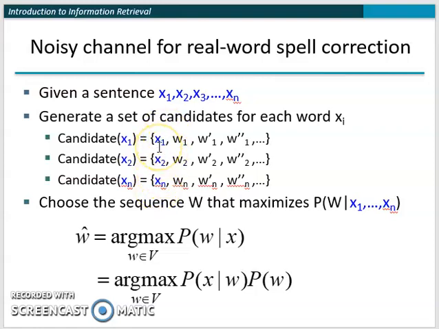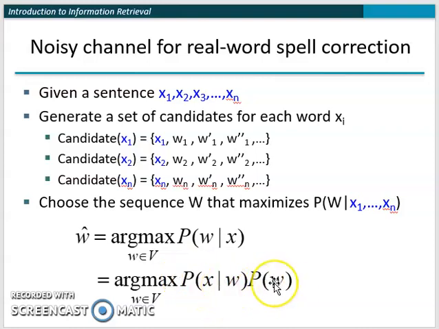A second possible sequence could be x1, w2, x3, x4 up to xn. So there are many possible sequences, and we'll have to find the probability for all of them, and whichever has the maximum probability, that would be our correct sequence. So again, we will be using Bayes' law, and this is the noisy channel model.